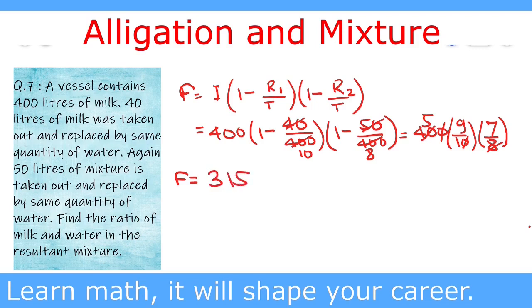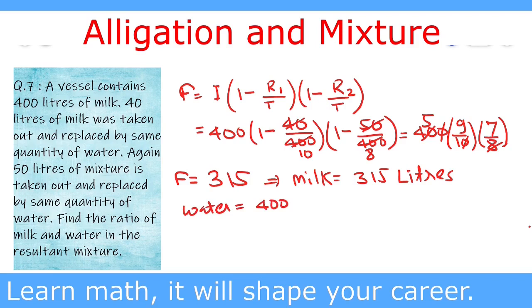But in the question it is asked what is the ratio of milk to water in the resultant mixture. So milk is equal to 315 liters. As the total quantity is 400 liters, if we take out 315 from 400, then water is 85 liters. So water equals 400 minus 315, which gives us 85 liters.